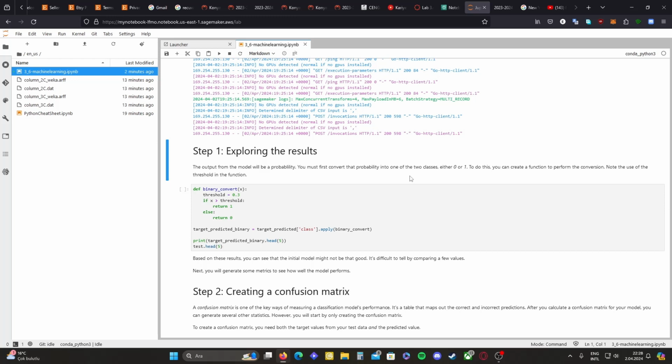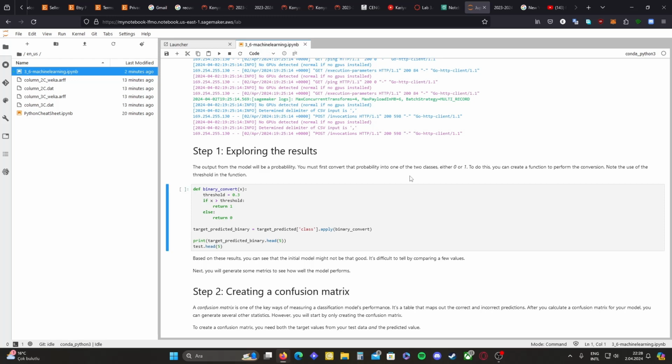The output from the model will be a probability. We must first convert that probability into one of the two classes, either 0 or 1. To do this, we can create a function to perform the conversion, noting the use of the threshold in the function.